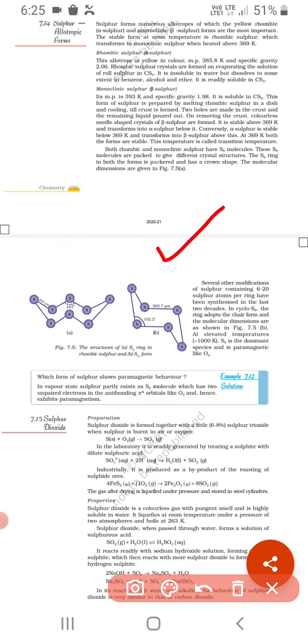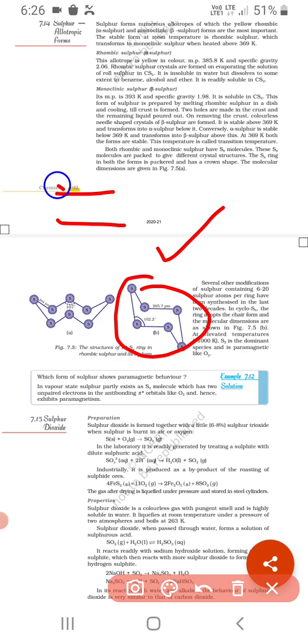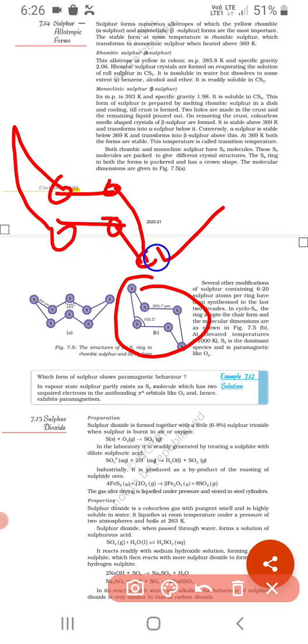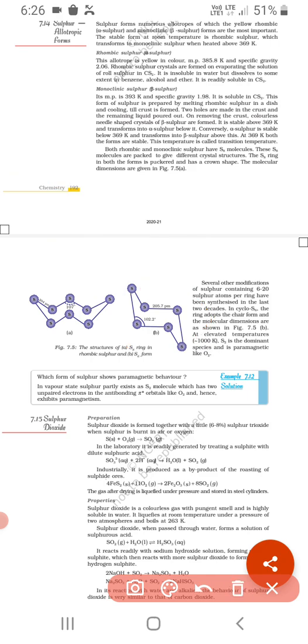In the S6 cyclo compound, the S6 molecule adopts a chair-like structure. How is the chair-like structure formed? In this type of structure, 6 atoms of sulfur form one molecule, right? And the structure is called a chair-like structure.